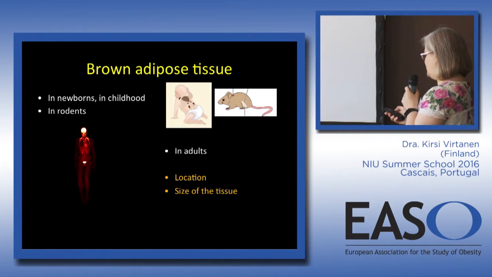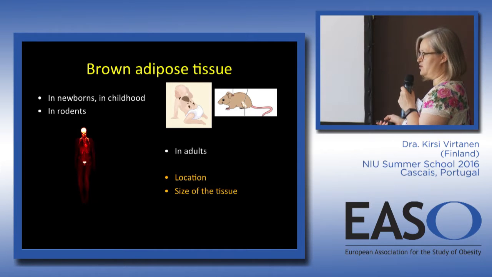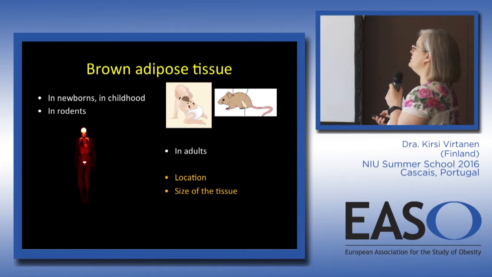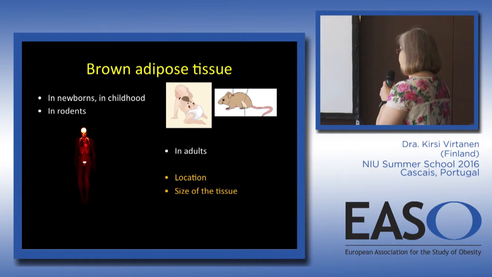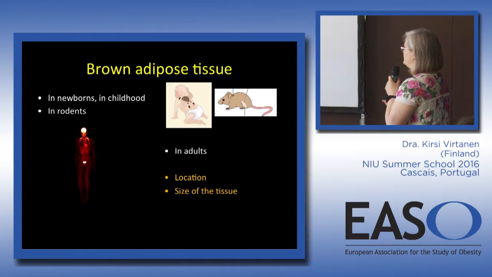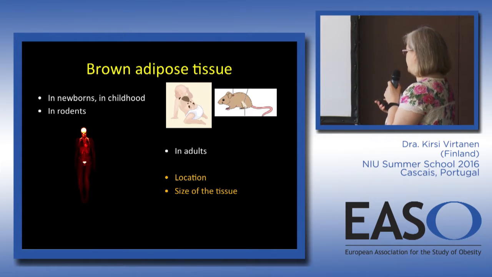And that's the main depot. But other depots exist as well, as you can see from this image, which is an FDG image reflecting glucose uptake in this particular lady. So the bright areas reflect the highest glucose uptake, the highest metabolic activity in the body.